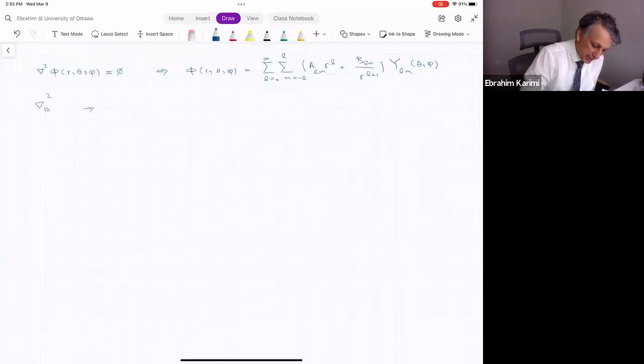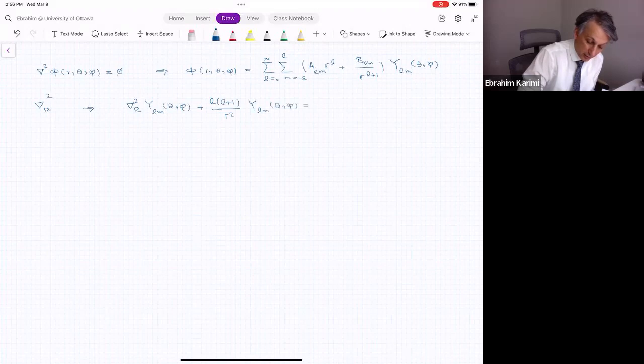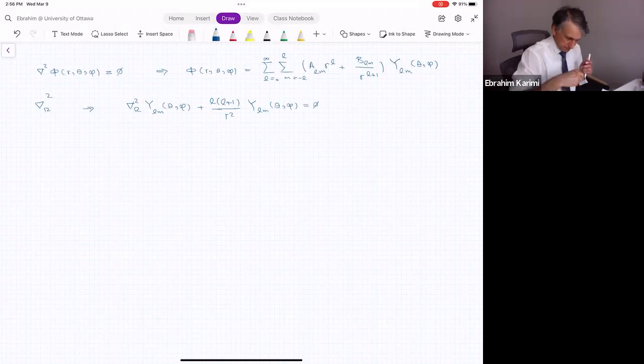And indeed that Laplacian of Y_lm of theta and phi plus L times (L plus 1) divided by r squared Y_lm of theta and phi was equal to 0. Do you remember? I think it was some expression like that, if I'm not mistaken.